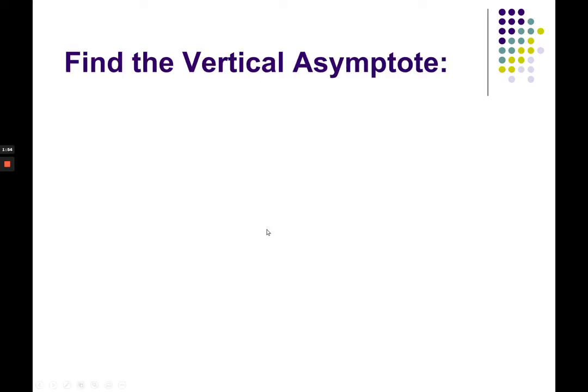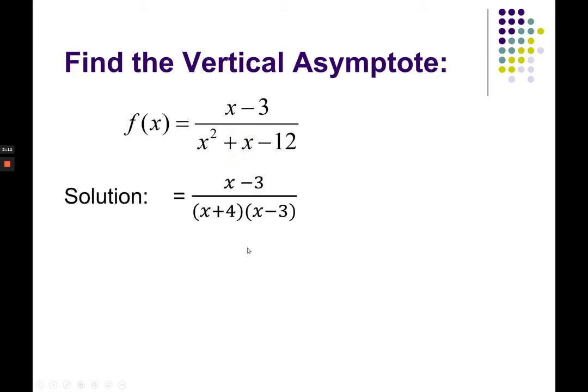How do you find the vertical asymptote? Given a function x minus 3 all over x squared plus x minus 12, first things first, you need to factor your denominator. 12 has factors of 4 times 3. Since the middle term is positive 1, 4 is positive, 3 is negative. Now, looking at your factored form, you can simplify your function into 1 over x plus 4 because x minus 3 is cancelled.